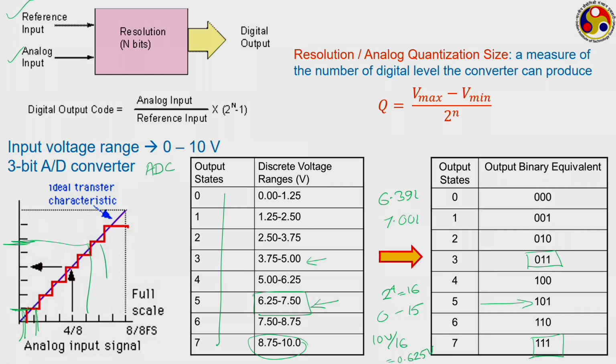So we have to be careful. If we want very precise measurement, say this is one analog value and this is another analog value, and we want to make a distinction between them, your digital instrument may not be able to do this because they are falling within the same state level.